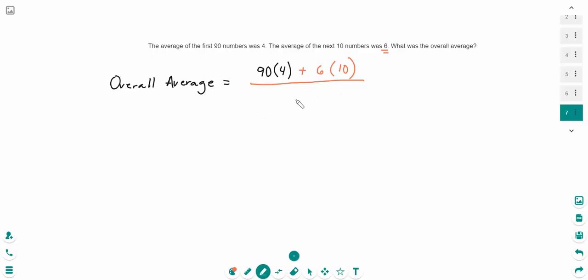What's the denominator? Well, the denominator is the number of numbers we have, okay? So to figure that out, we need to look at our problem here. We have 90 numbers here, and then we have another 10 numbers here. So that gives us a grand total of 100 numbers.